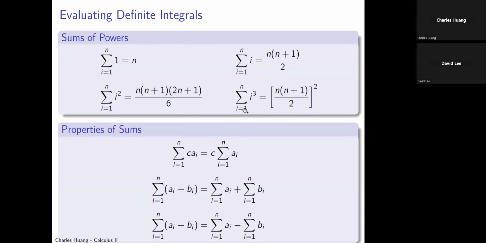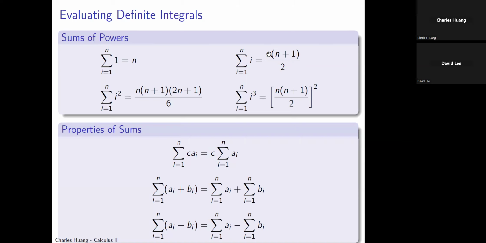I'll put them right underneath the question if you need them. These ones you have to know. These are properties of the sum, kind of like the distributive properties, the additive properties. So they're pretty common. These ones we're not going to give you, but if you need any of the ones up here, we'll show you.